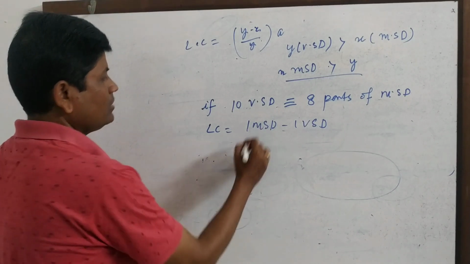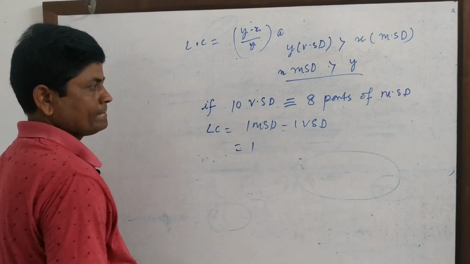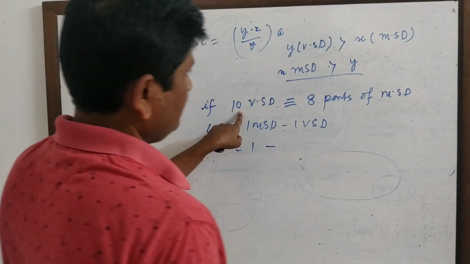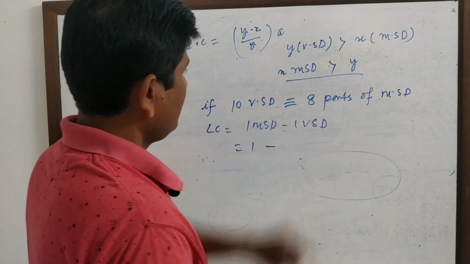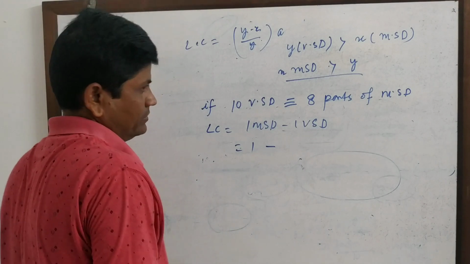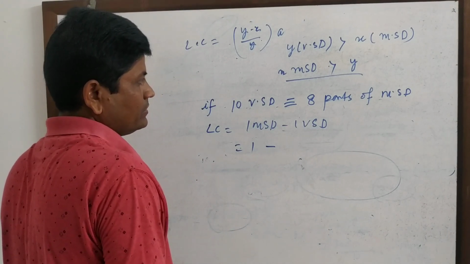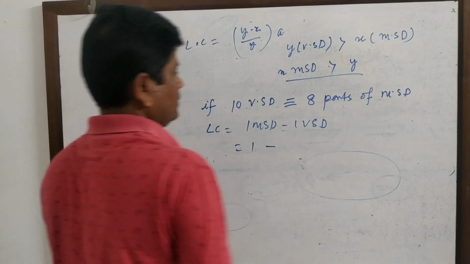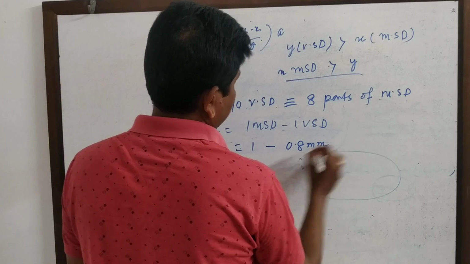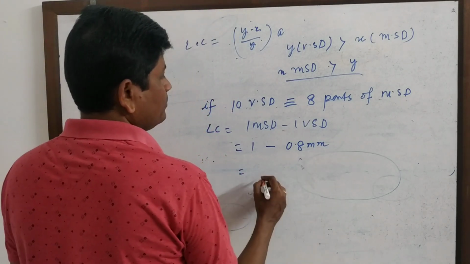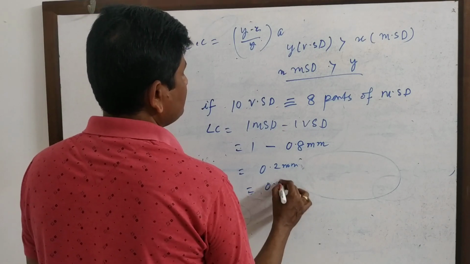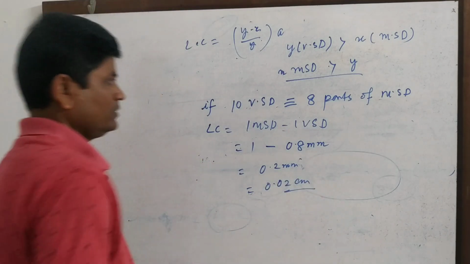Okay, 1 MSD is equal to 1 mm. 1 VSD here is what? 10 VSD is equal to 8 parts of the MSD, 8 parts of the MSD is equal to 8 mm. Then 1 VSD is equal to 0.8 mm. That is, least count will be 0.2 mm, equal to 0.02 cm. Okay.